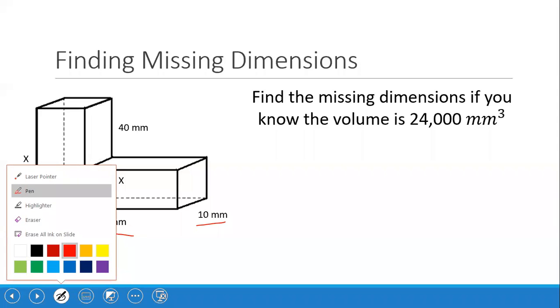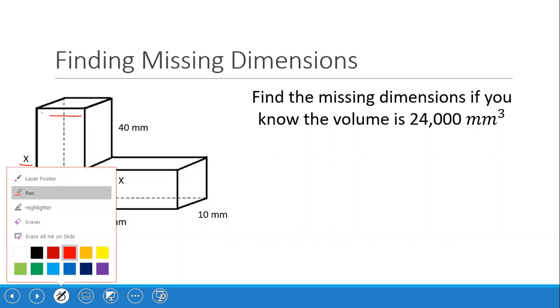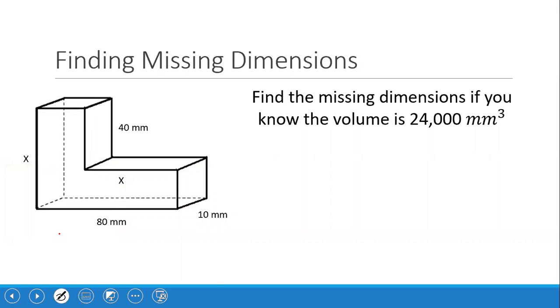And if I try going the other way, I know that the height is x. I don't really know what the width is, and I do know that the depth is 10. So I'm missing a dimension each way if I try to go that route.